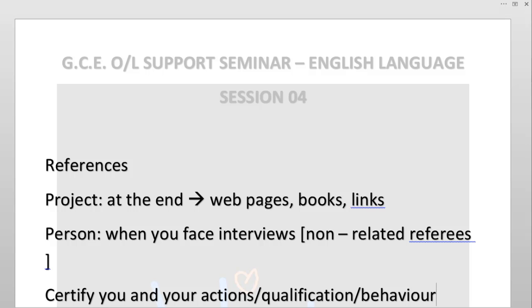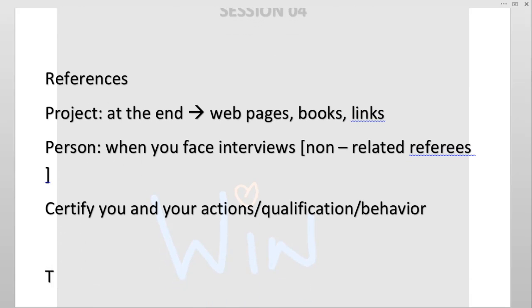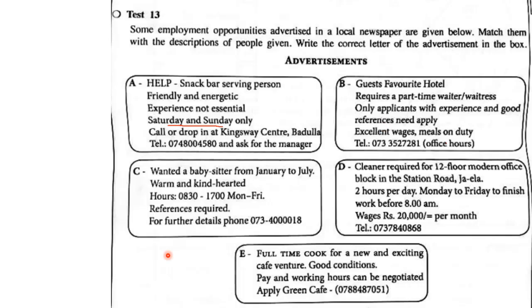You might have seen some of your brothers and sisters, when they go to jobs, they will have different letters, and it will start somewhere with a heading like this: to whom it may concern. That's how it starts usually, right? It is sort of like a character certificate that you get from your school when you leave school, right? Let's come back.